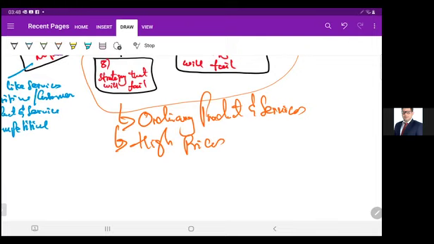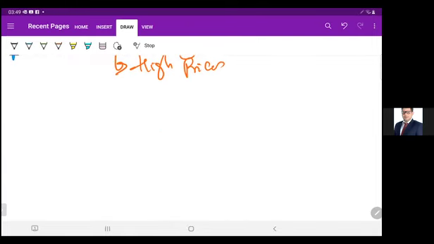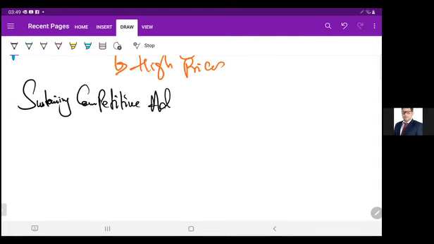Now the question is how to sustain competitive advantage. So now let us look at sustaining competitive advantage, how it can be done.